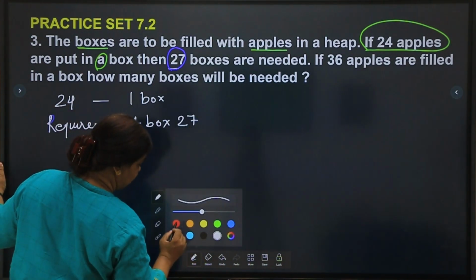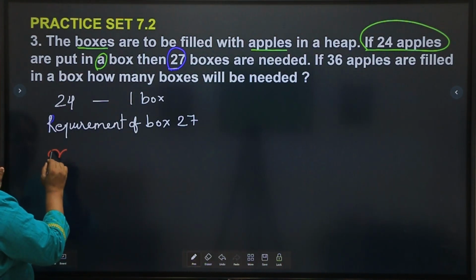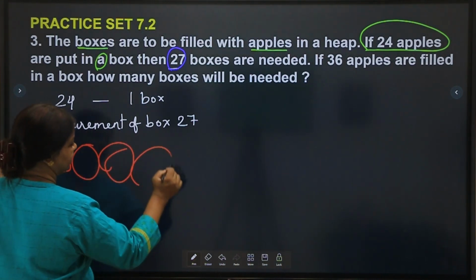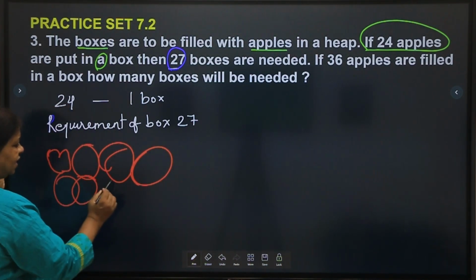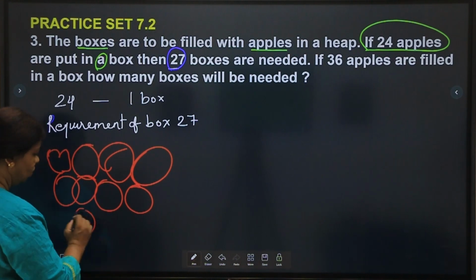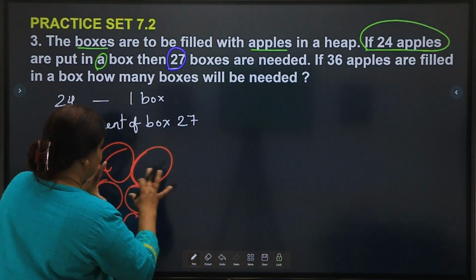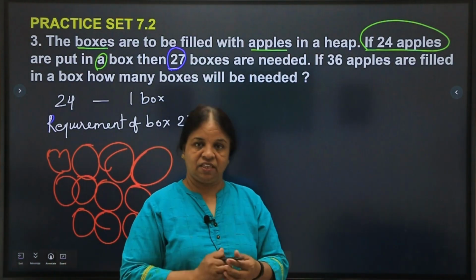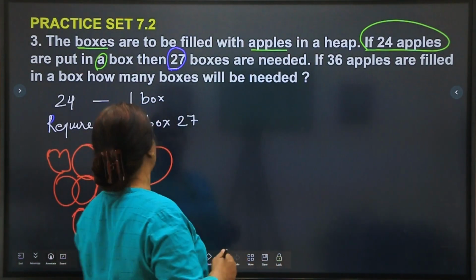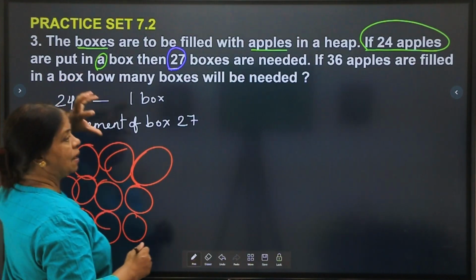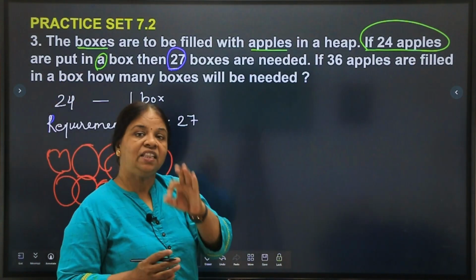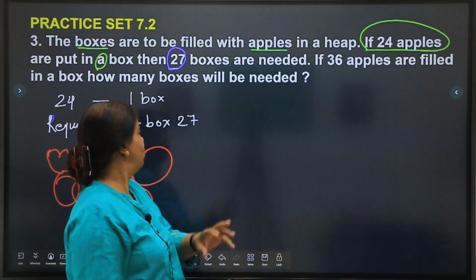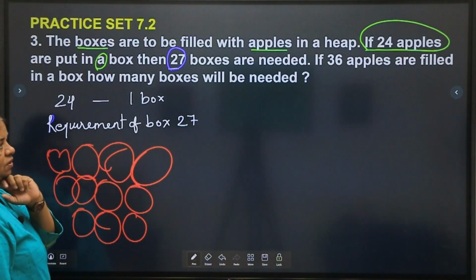Means if there is a heap of apples, so many apples that they are not counted, but we have to fill those apples into boxes. If we fill 24 apples in one box, then to put the total heap into boxes, we require how many boxes? 27 boxes. Okay.